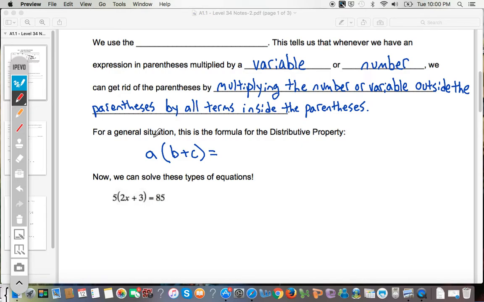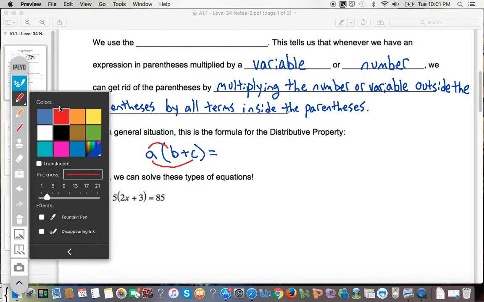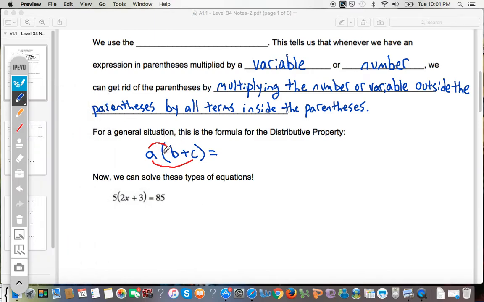So my terms inside the parentheses are B and C. So what I like to do, I'm going to draw these little lines connecting A to B and A to C. So now I just multiply them. So I have A times B, which remember I can just write as AB, plus A times C, which again I can just write as AC. Awesome.